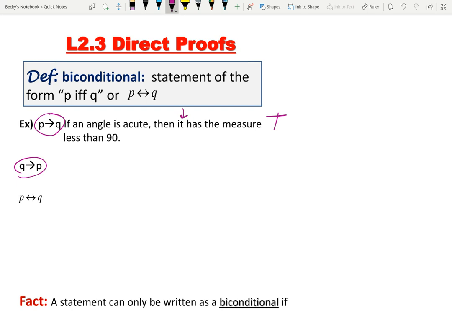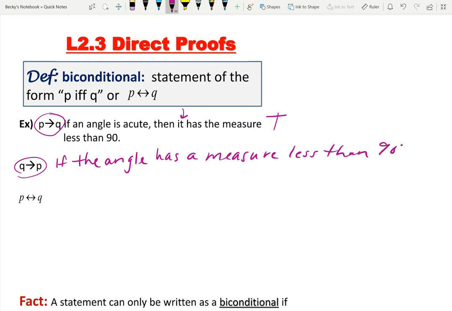If the angle has a measure less than 90, then it is acute. Now, I think we would all agree that this is true. Good definitions are always true, written as the conditional and its converse.